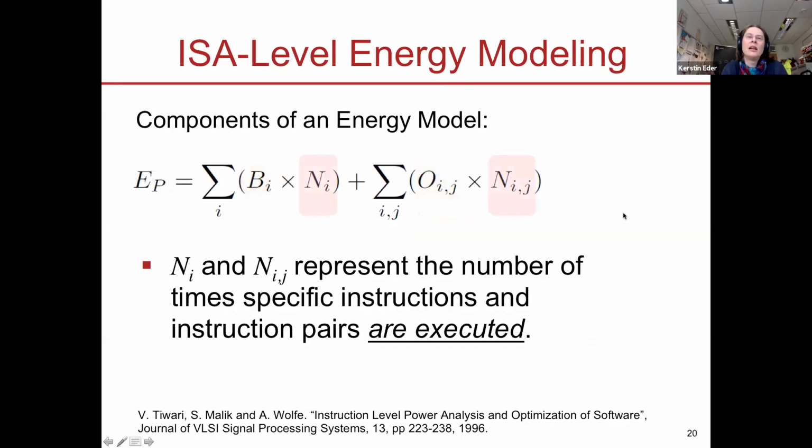And the question is, how do we find out those Ns? Ni is the number of times each instruction occurs, and Nij is the number of times I'm switching from instruction I to instruction J as the program is executed. How can we find this out? Any ideas in the chat window? How can we find that out?